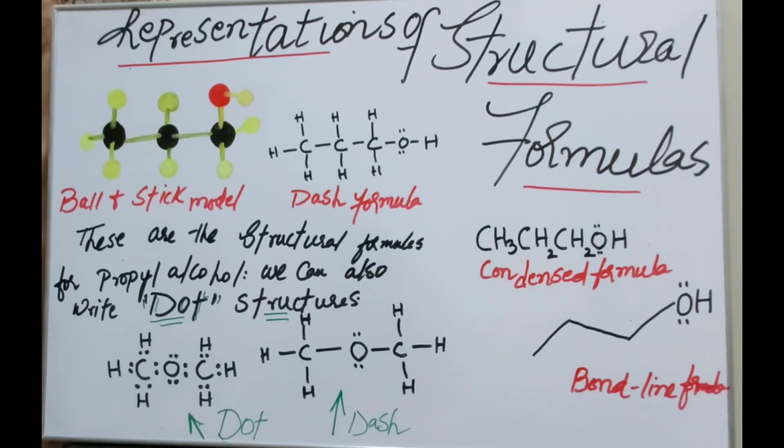And of course, after that I showed the dot formulas and dash formulas of another compound. These sum up and give you an idea of how structural formulas can be represented in different ways. One compound can be represented by a ball and stick model, a dash formula, a condensed formula, or a bond line formula.